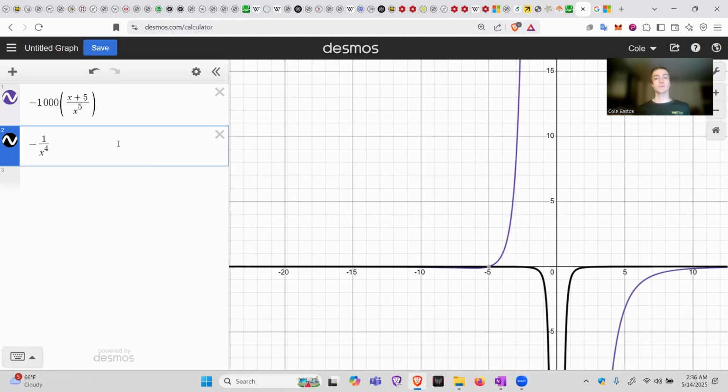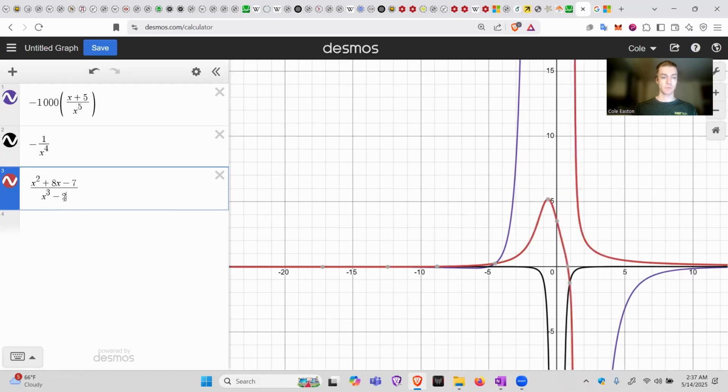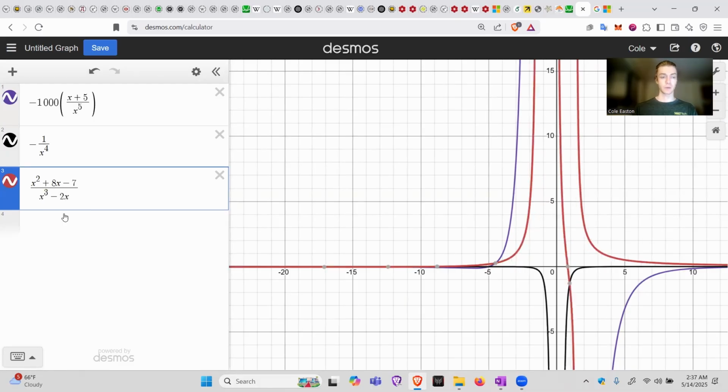My point with this is that just like with the polynomials, where we only care about the first term, here we once again only care about the first terms. So let's say I have x squared plus 8x minus 7 over, I don't know, x cubed minus 2x or something.